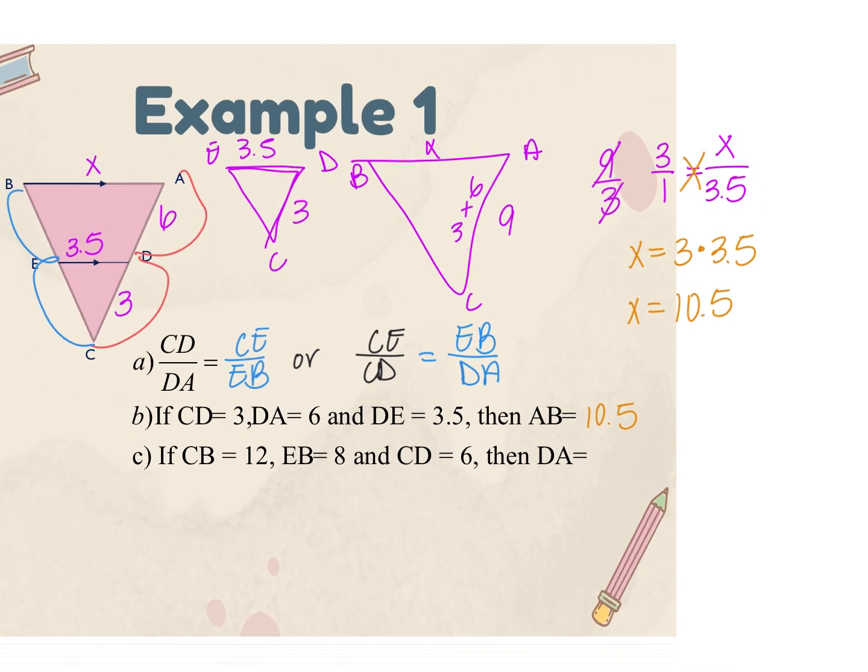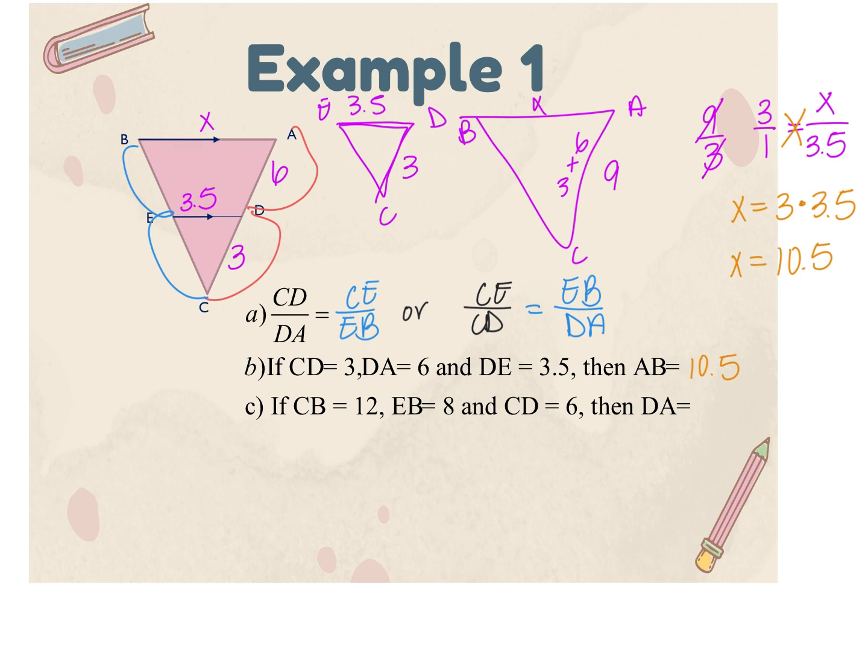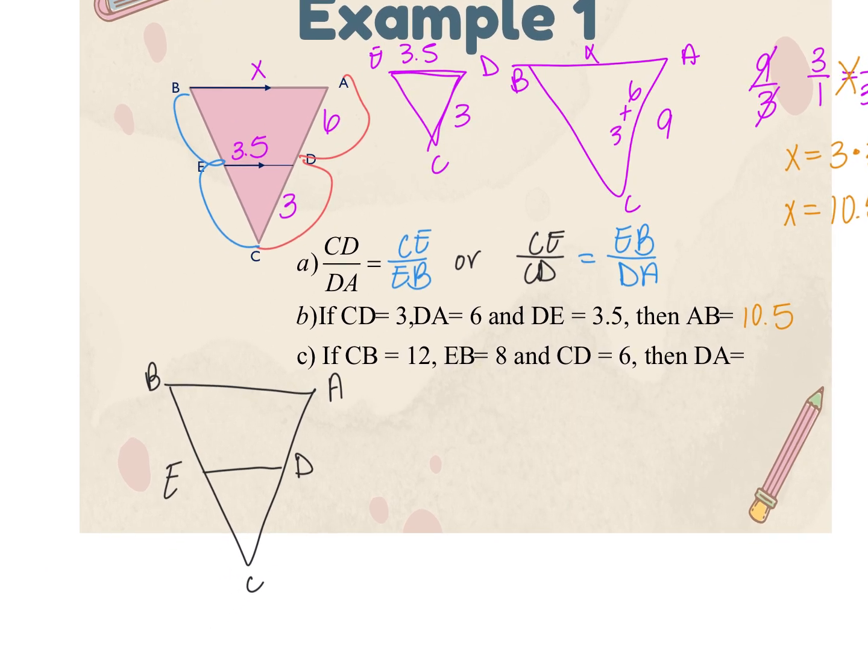Now pay attention to how I'm setting up C. Look at the difference between how C is set up and how B was set up. So C, I'm setting up as the original triangle. And looking at it, they're giving me CB, so this entire side is 12.